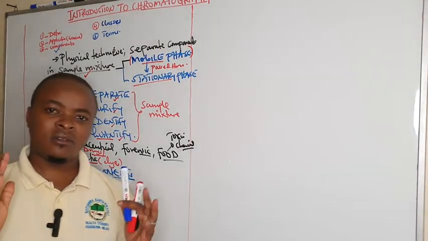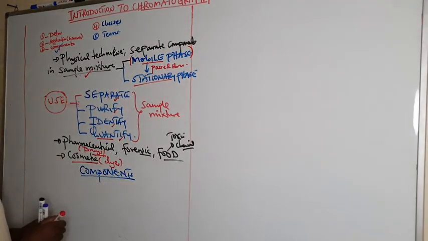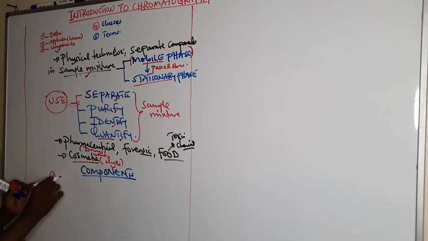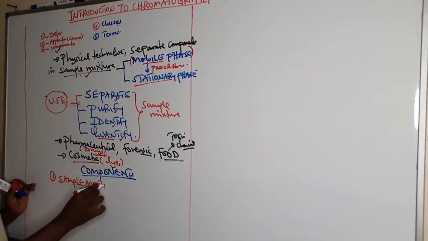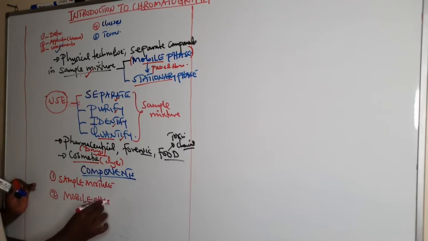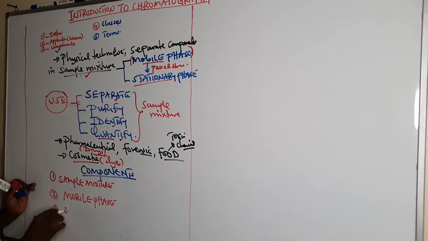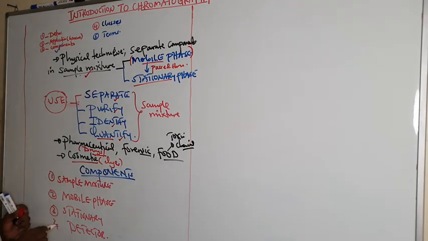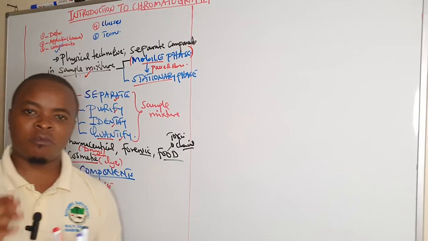This chromatography contains components: one, sample mixture; it contains mobile phase; we have the stationary phase; and we have the detector system. So these are the 4 general components of chromatography.